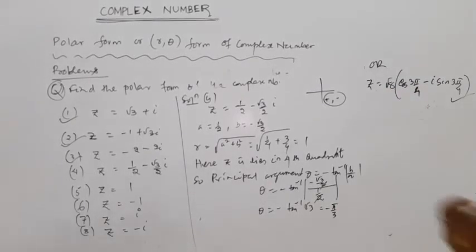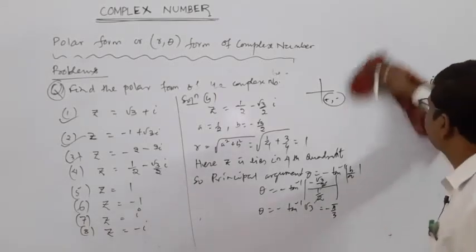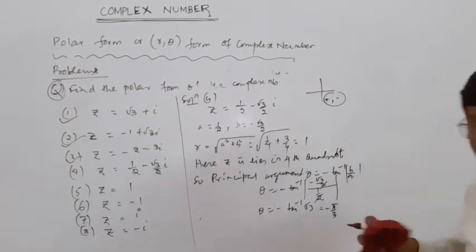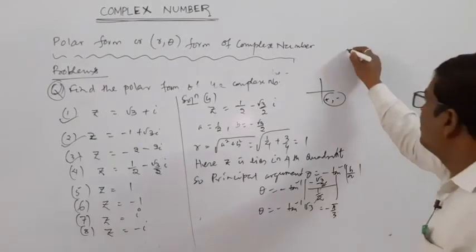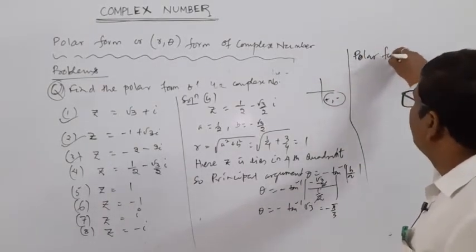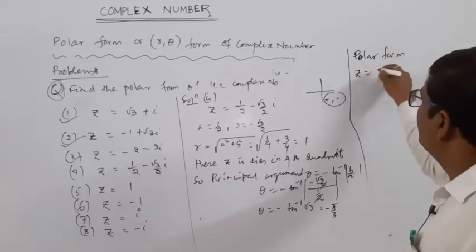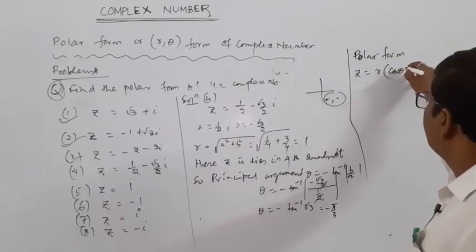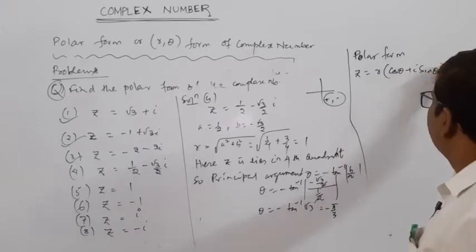Now the polar form is z is equal to r into cos theta plus i sin theta. What is r here?